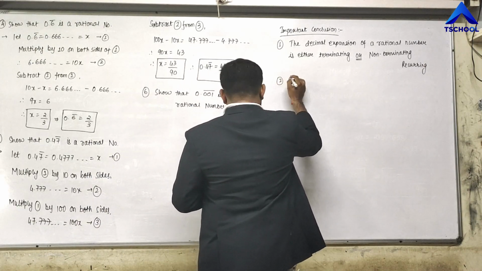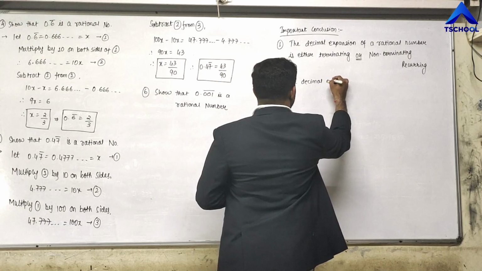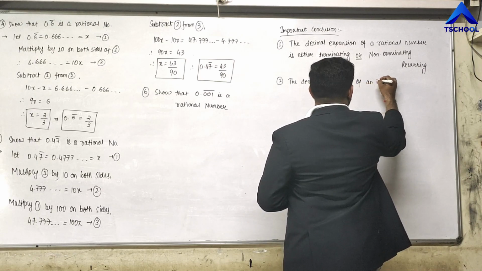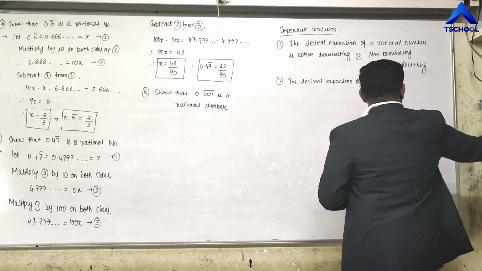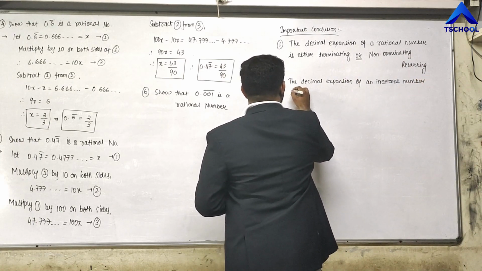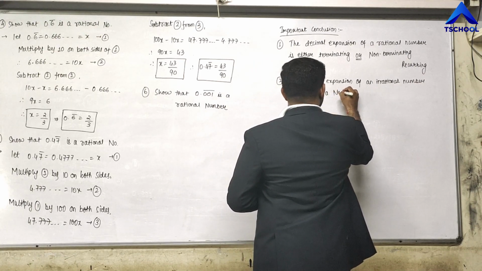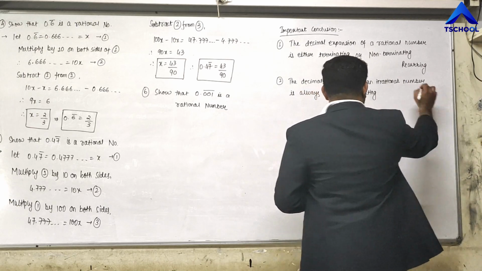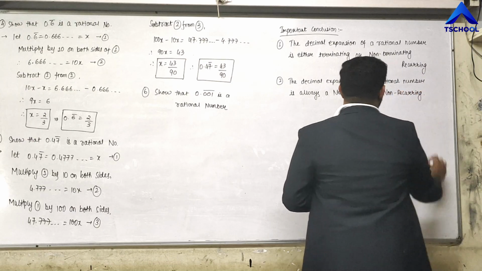And the second point is the decimal expansion of an irrational number is always non-terminating and non-repeating, or non-recurring.